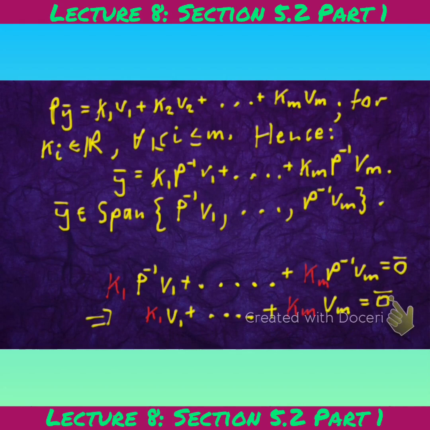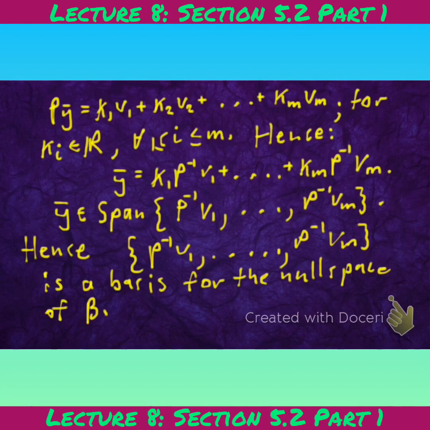Because the V's are linearly independent, all these K's are going to be 0. So that's a linearly independent set. Therefore, this whole set is linearly independent, and it spans the null space of the matrix B. So that is a basis.